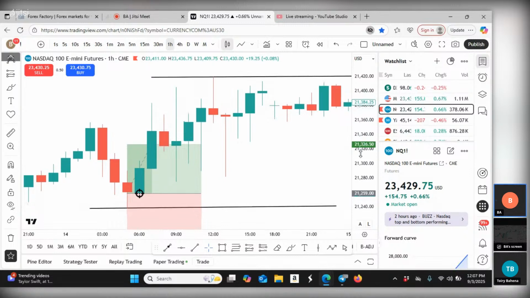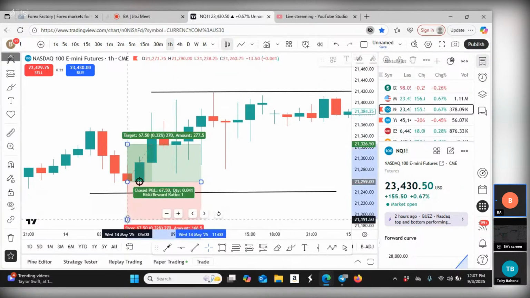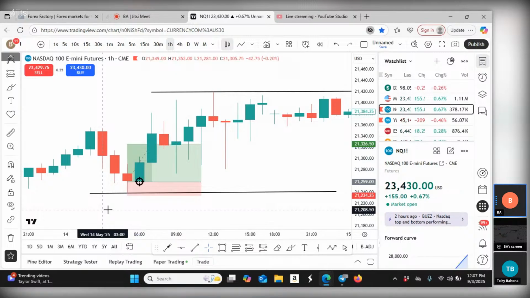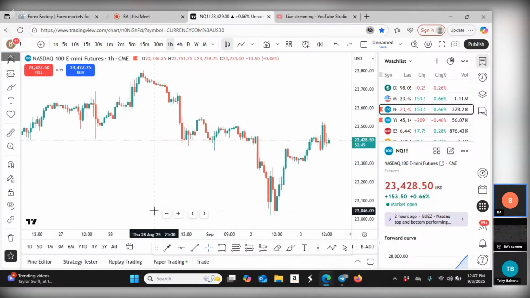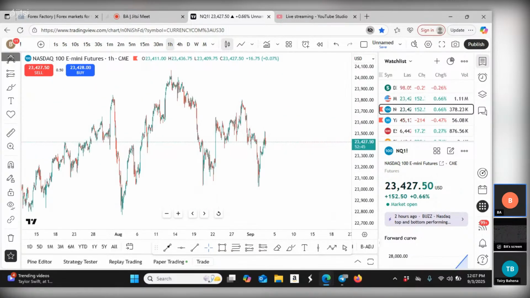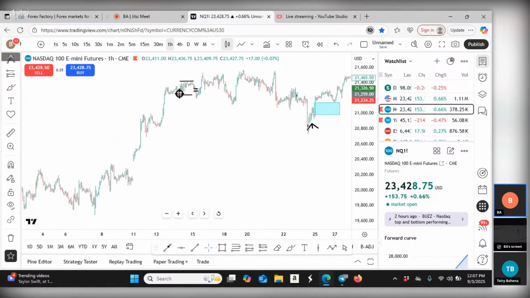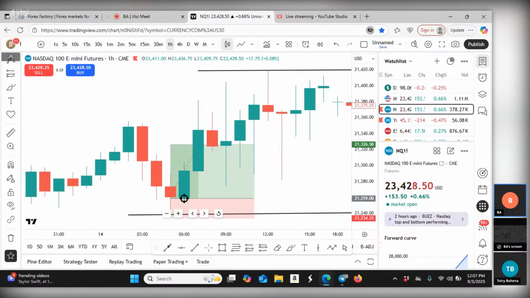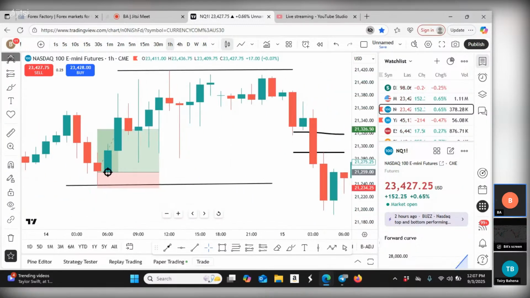Okay. Let me show you this. So you see this whole little red area? You see it about right here. So it's like saying you weren't the only person that had that same idea.